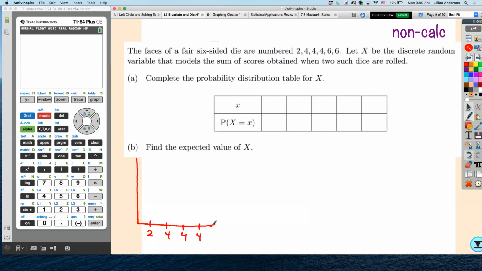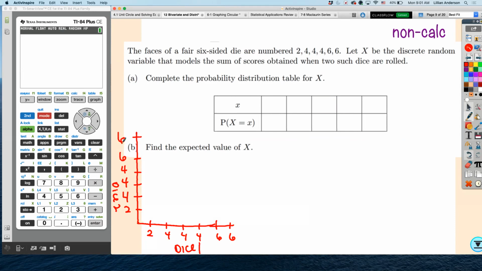We talked about sample spaces the other day when we were reviewing basic probability, but essentially it represents all the different outcomes of a particular event. And in this case, I'm rolling 2 dice. This is die number 1, and this is die number 2. I need another 6. Thank you.